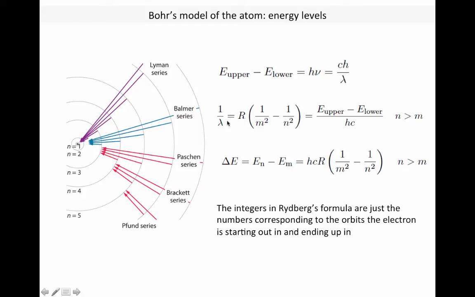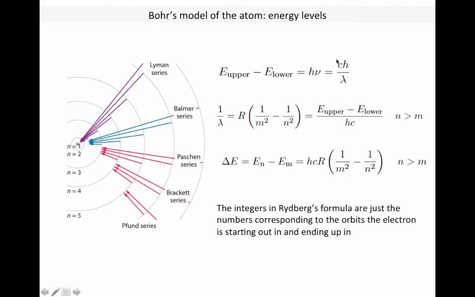Now, we want to make contact with Rydberg's empirical formula for the wavelengths of emission lines in discrete emission spectra, which, remember, for an atom of hydrogen, where the atomic number Z is equal to 1, the formula is 1 over λ is equal to Rydberg's constant R times 1 over m squared minus 1 over n squared, where m and n are integers.